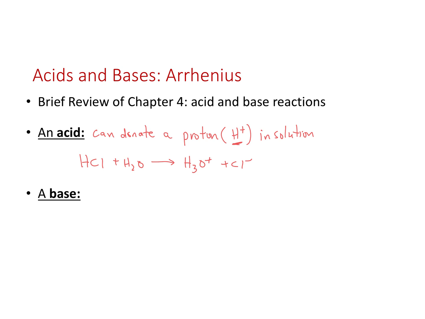The hydronium is formed because HCl is an acid and it's going to donate that proton to water, forming hydronium. So yes, we're looking for this proton, but more often we're going to see this proton represented by H3O+, which is hydronium, because the acid has donated that proton to water.